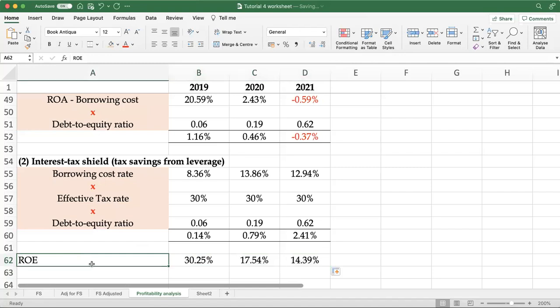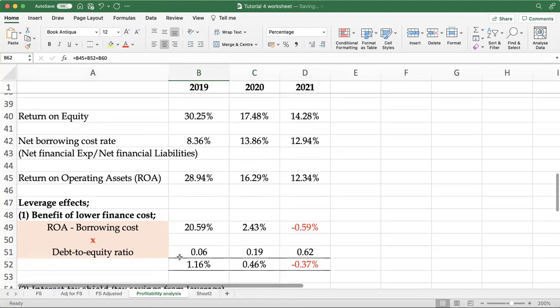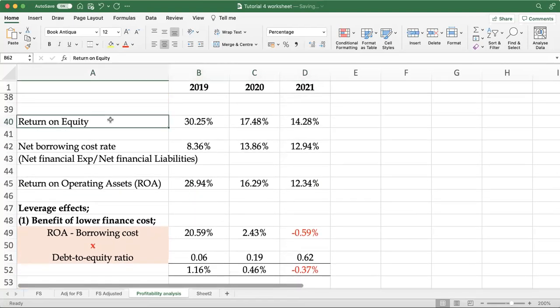You get ROE. Now you see this is the same as the ROE you calculated earlier.